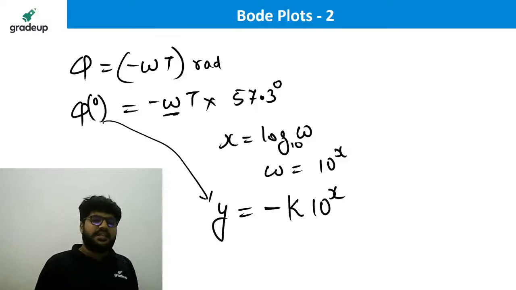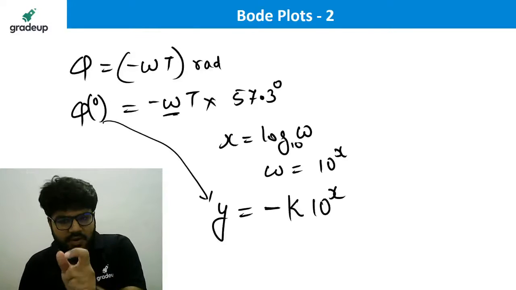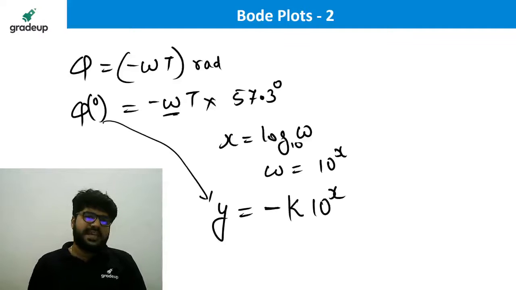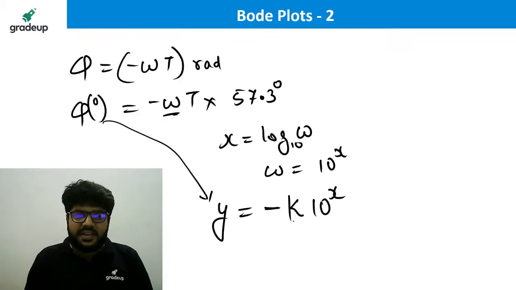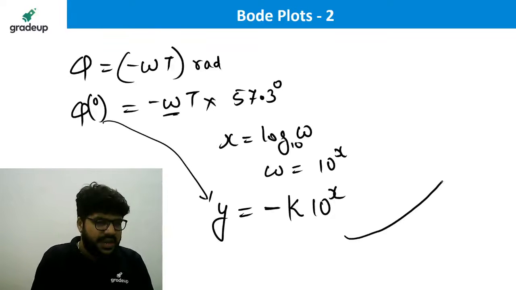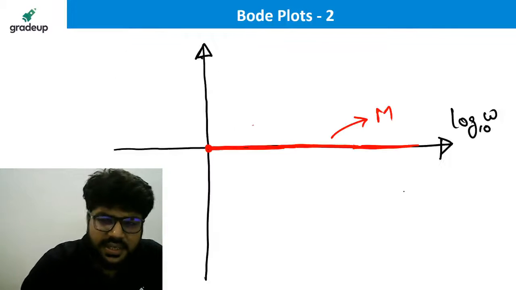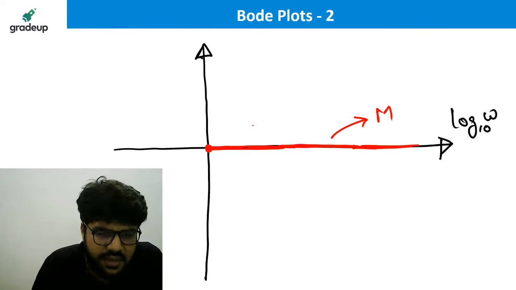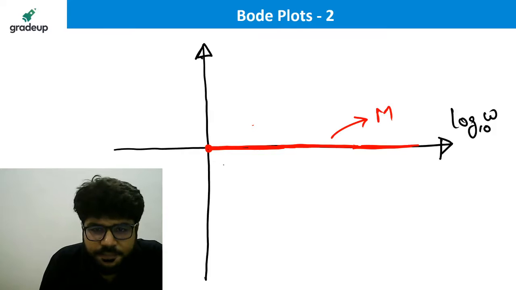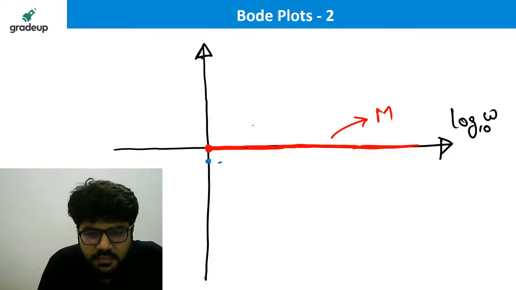It's an exponential graph, 10 power x, where the base is 10. It's an exponential type of graph, but with a minus sign. Exponential increases this way. Minus means it is on the negative y-axis side, and the phase plot will be something of this form.